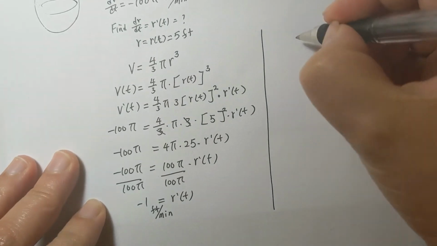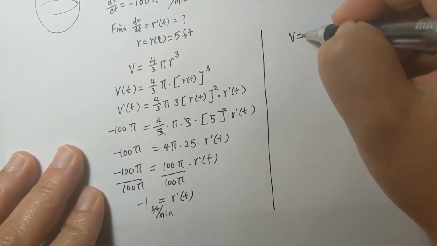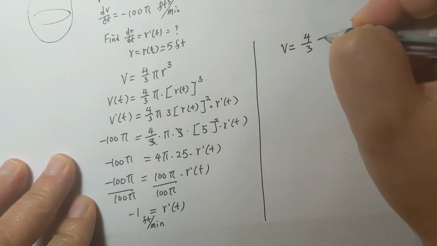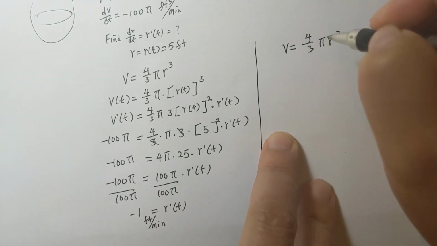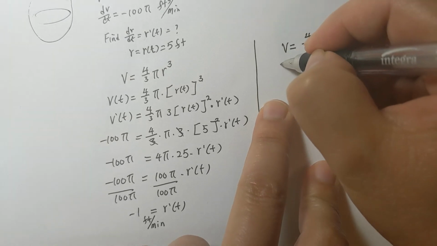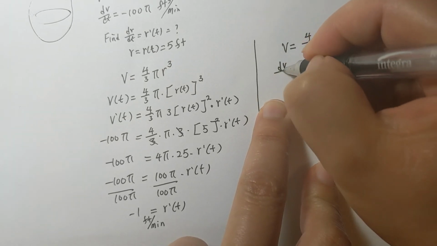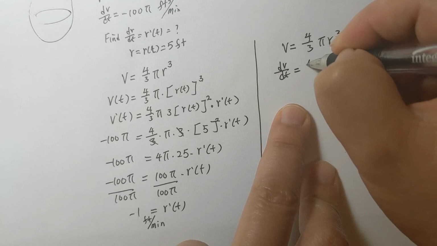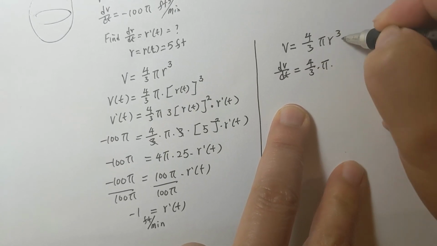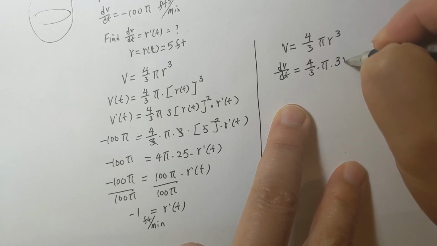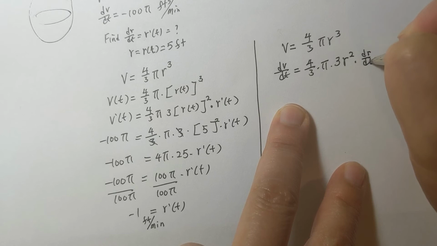Now we're going to use another notation. We get V equals 4 over 3 pi r cubed. V is a function of time, r is a function of time. So now we're going to have dV/dt equals, the numbers stay the same, and over here you put the exponent to the front, and then you get r squared, and immediately you multiply by dr/dt.